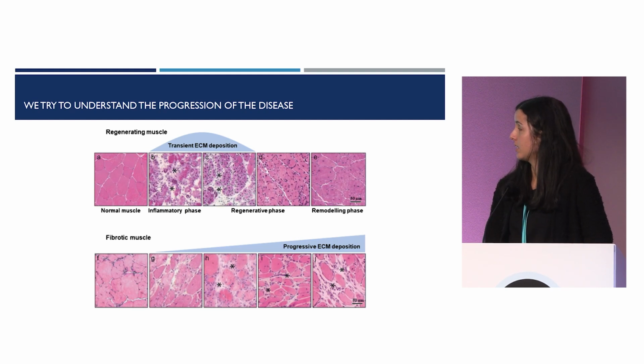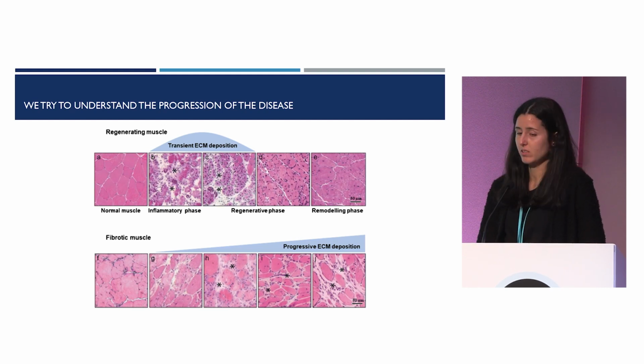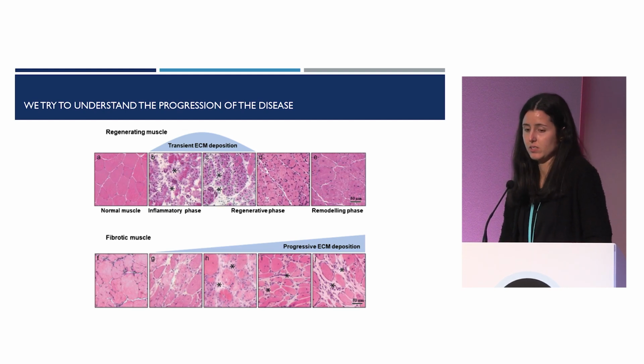So in that example, we can see that there is an increase of the fibrosis and the inflammation, but that increase after a small time is reduced. So it's a transitory phase that we all need to regenerate the muscle. However, this process is not reduced in Duchenne.